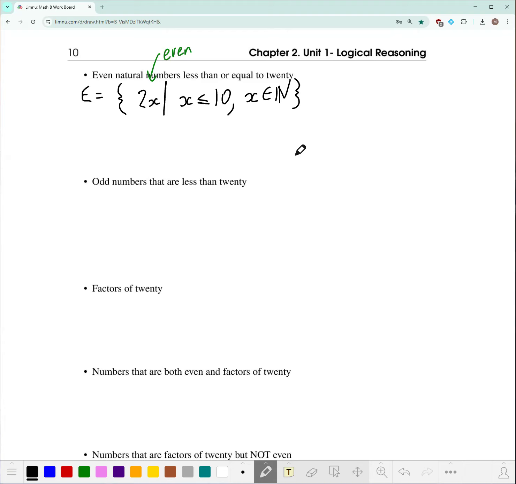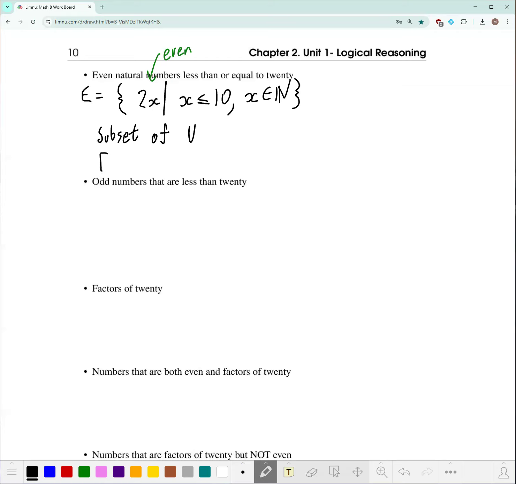When one set contains elements that are entirely found in another set, this is referred to as a subset. In this case, it's a subset of U, because all of the elements in E are found in U. There's also a nice way that I can write this.